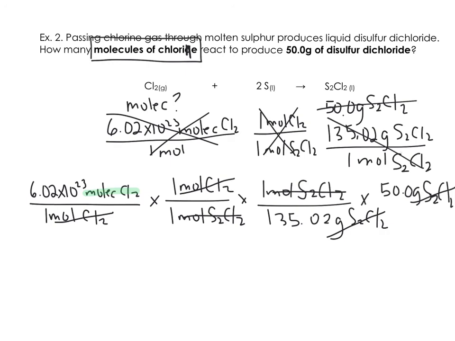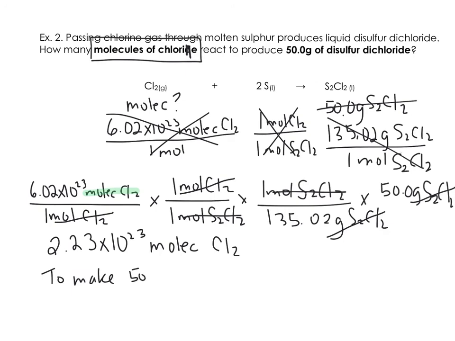And your answer will be 2.23 times 10 to the 23 molecules of chlorine. So to make 50 grams of disulfur dichloride, 2.23 times 10 to the 23 molecules of chlorine are used.